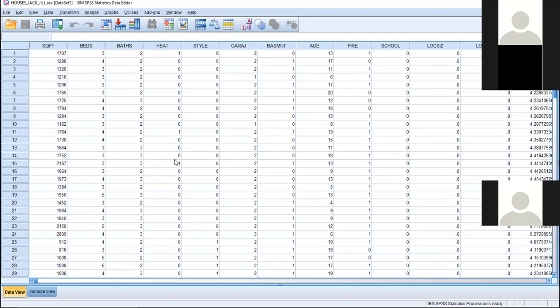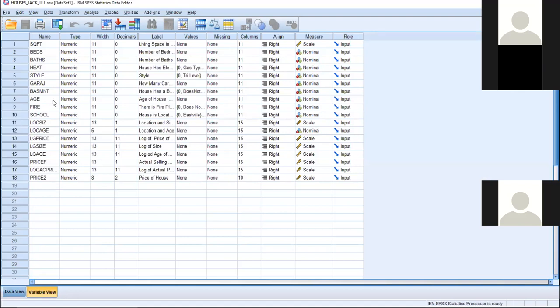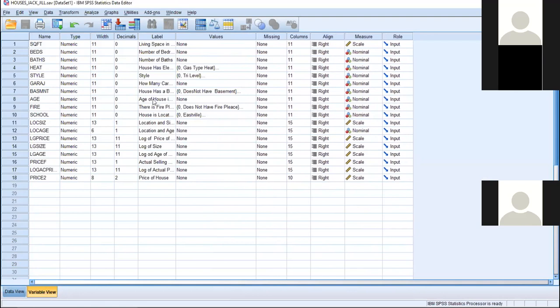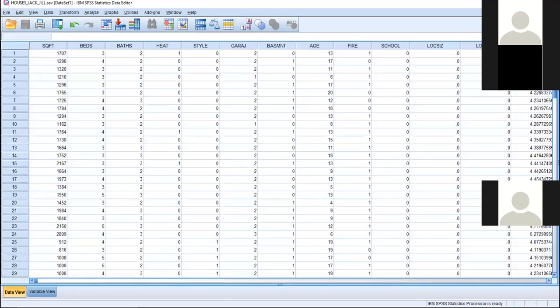This is an SPSS screen. All right. And the information here is about houses in a neighborhood. Now, to use SPSS, when you pull up an SPSS data, which I'm going to illustrate better next time, you have what you call a data view.